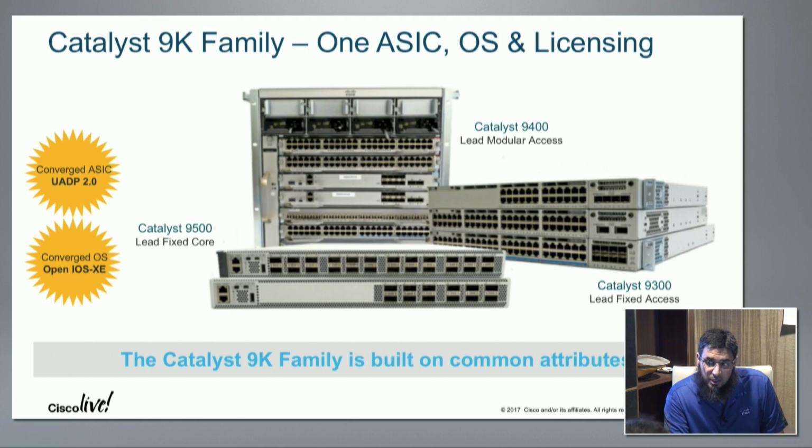So if you want to compare that with the existing portfolio, Catalyst 9300 would be very similar to Catalyst 3850. Catalyst 9400 will be similar to Catalyst 4500. Catalyst 9500 is very similar to Catalyst 4500X or kind of 6880 fixed core ag.